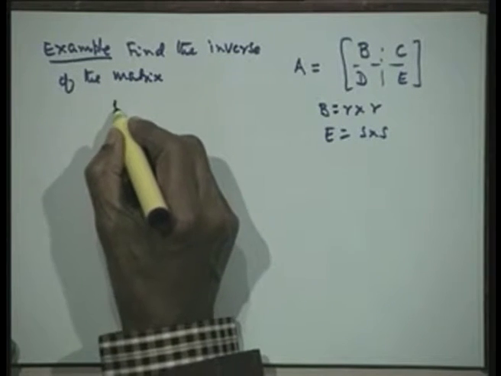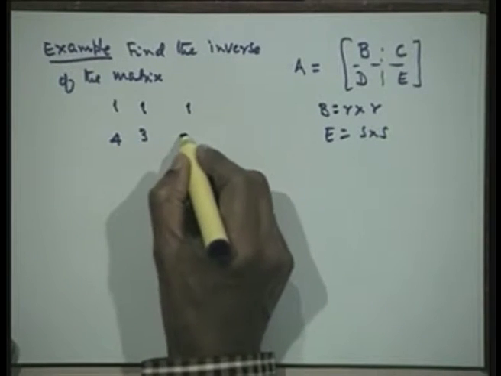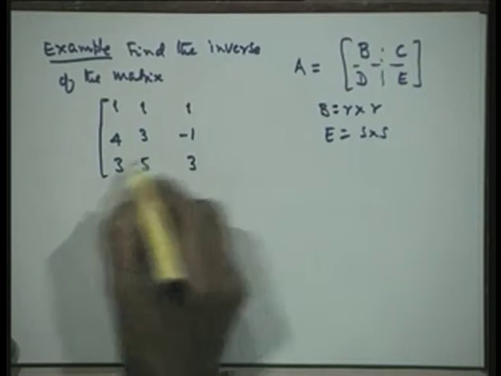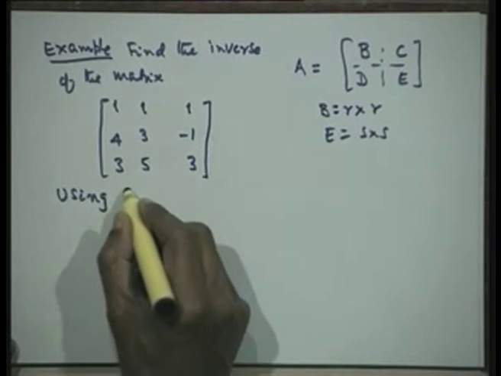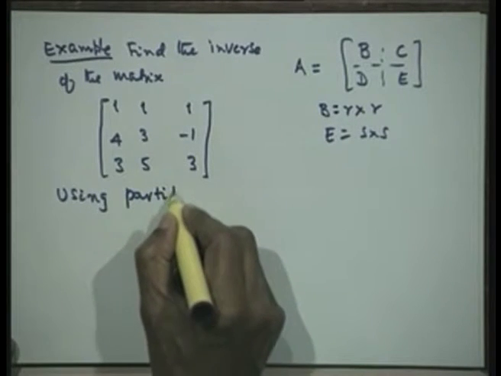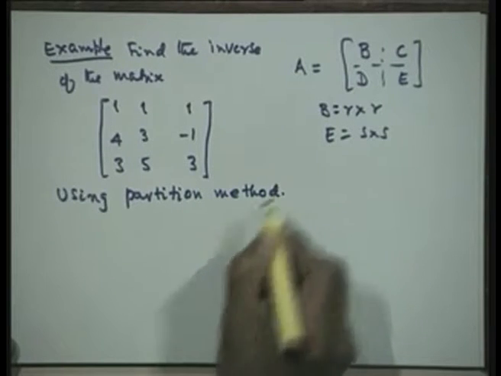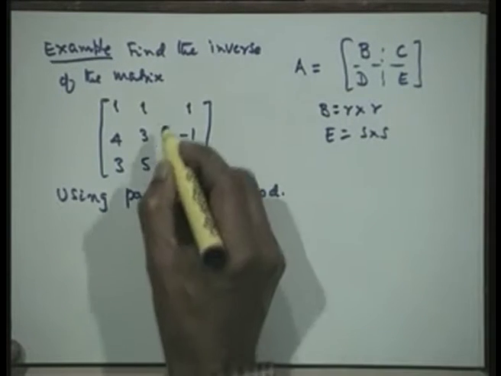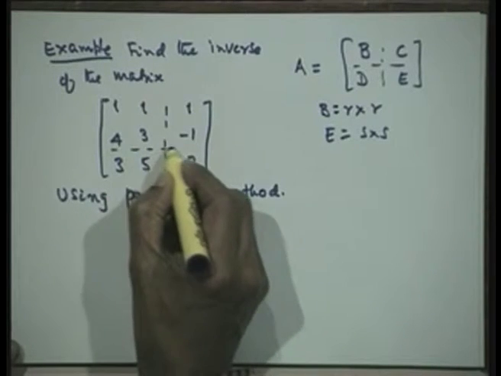Let us just take a 3 by 3 matrix, so that it is easy for us to illustrate this, using partition method. Now, that means let us partition it using this partition.